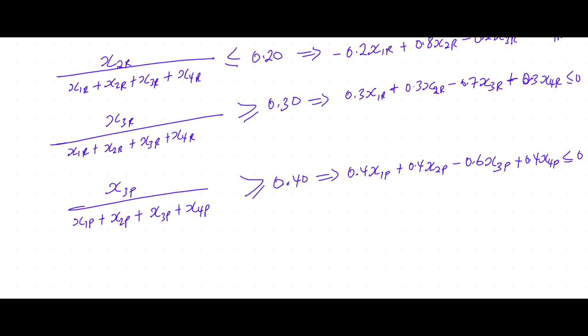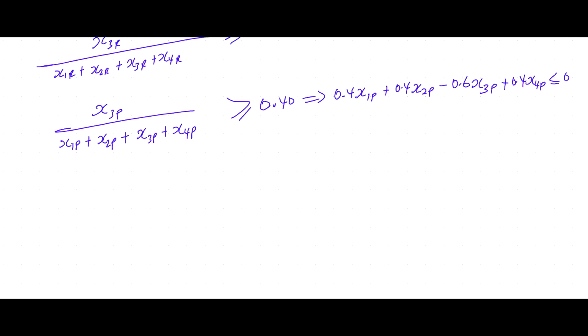Then the low lead, we have two conditions here. Component 2, not more than 50%. Not more than means that it should be less than or equal to 50%.